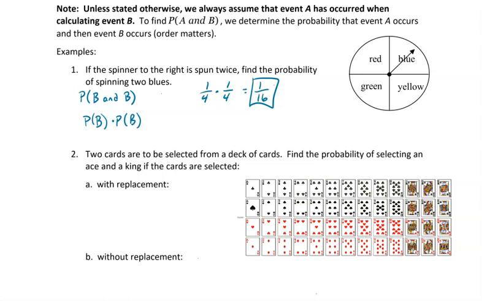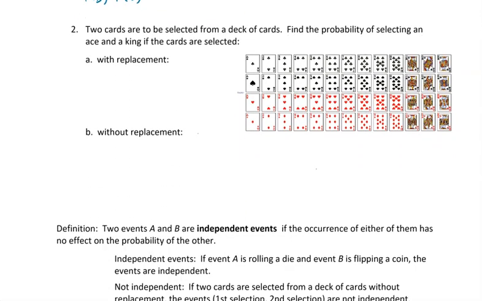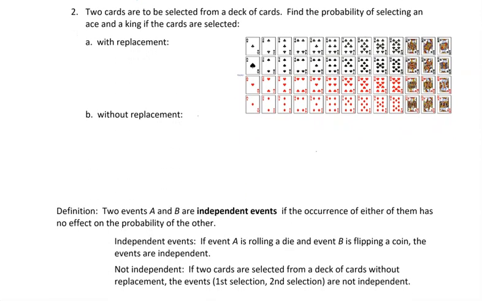All right, let's look at some cards. 2 cards are to be selected from a deck of cards. Find the probability of selecting an ace and a king if the cards are selected A with replacement or B without replacement. Okay, so let's look at with replacement first.